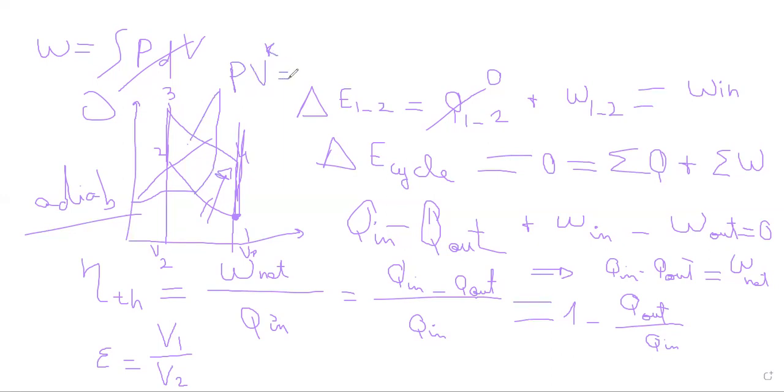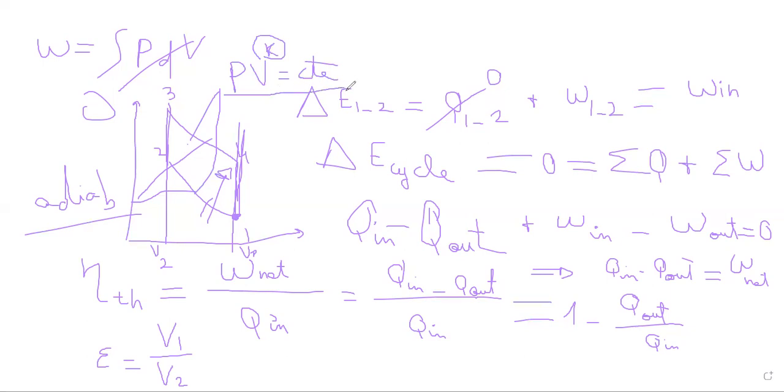In general, each fluid is characterized by a certain value of K. Sometimes K also varies with temperature, but here we'll assume a constant value of K. So for the two adiabatic processes, which represent compression and expansion, the relation between pressure and volume is PV^K equals constant.